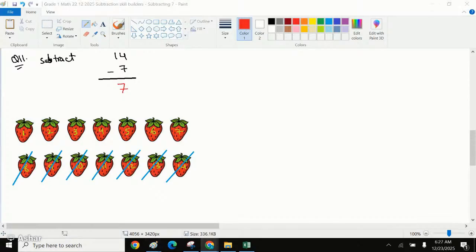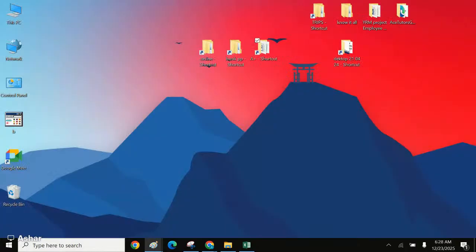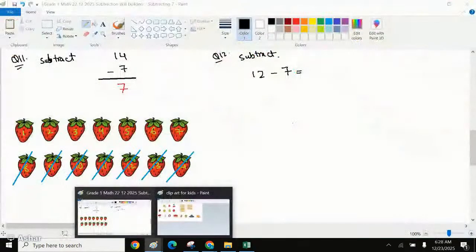The next question says, question number 12 says, subtract 12 minus 7. Okay. So if from 12 we need to minus 7. Okay, let's try to do it. Let's try to do this by writing the numbers.